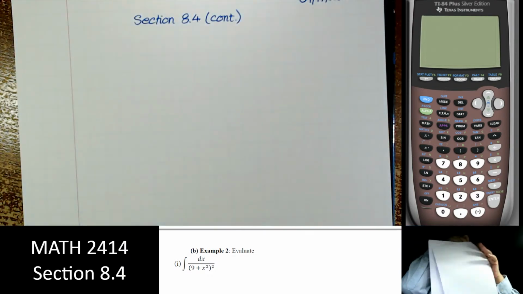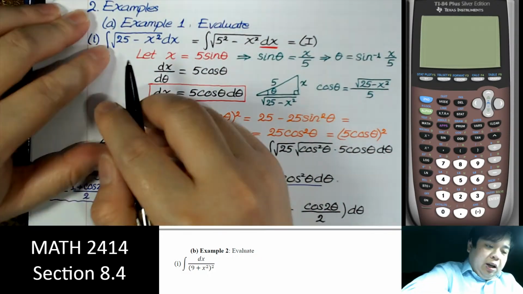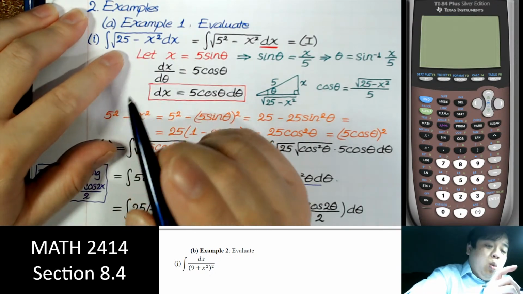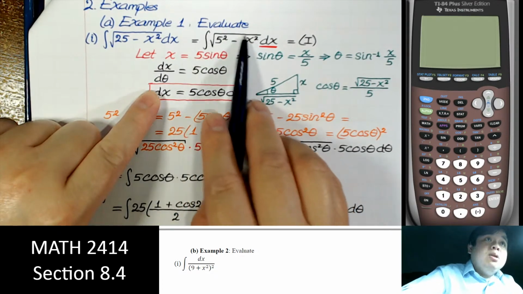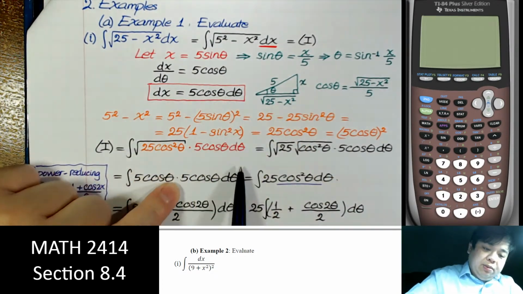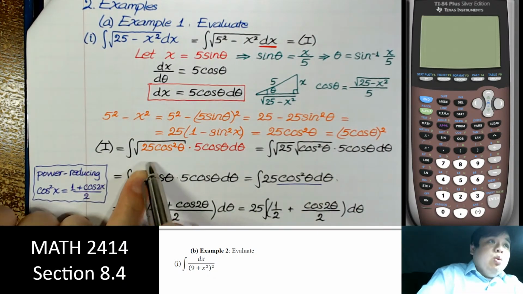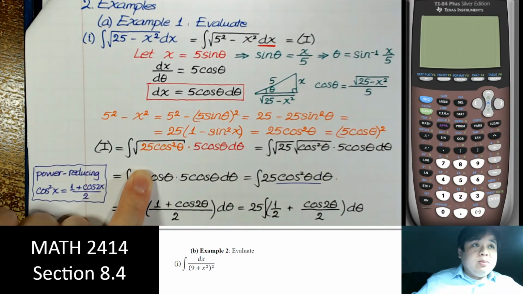Well, look at the first example here. We have the square root of 2 terms, which cannot cancel. What can cancel, however, is if we can somehow turn these 2 terms into 1. We take the square root, and the square and square root cancel out.